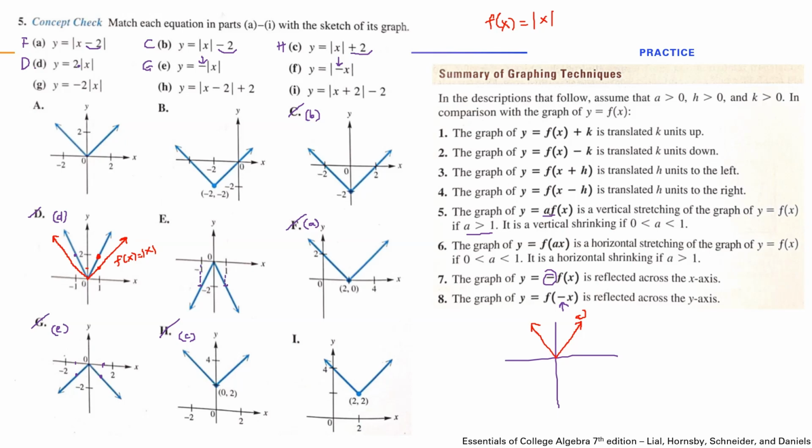But if the original graph is one side purple, one side red, now it becomes red on this side and purple on the other side. That's how we reflect it across the y-axis. And that should look like the original parent function graph, so that would be A.